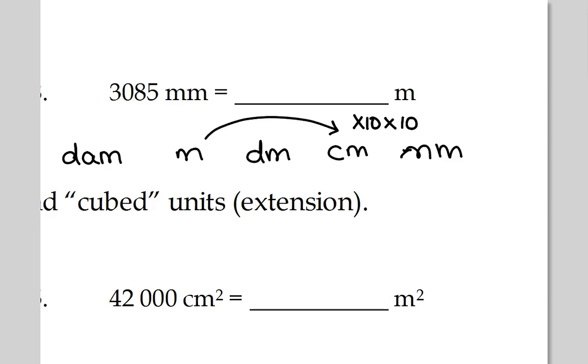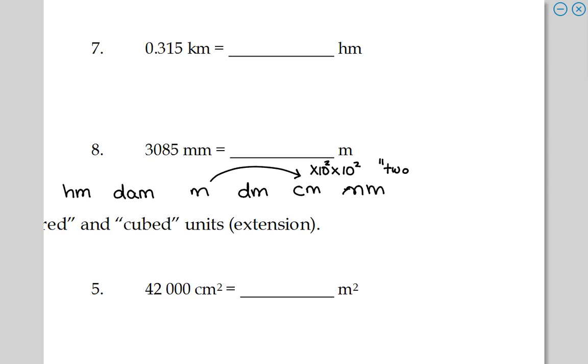But if we were talking about the area of a square, we would have to times by 10 squared and times by 10 squared because it's 2-dimensional. So instead of each jump being a factor of 10, it's a factor of 100 or 10 squared.